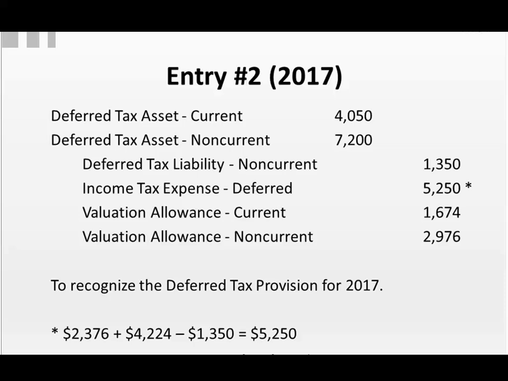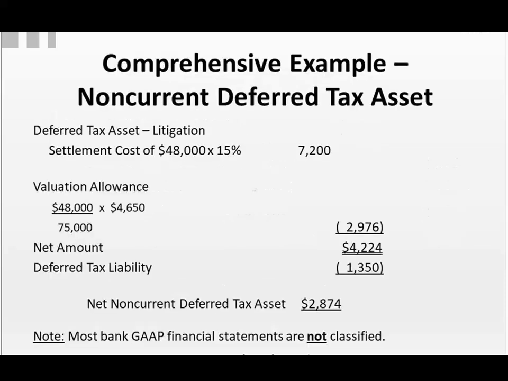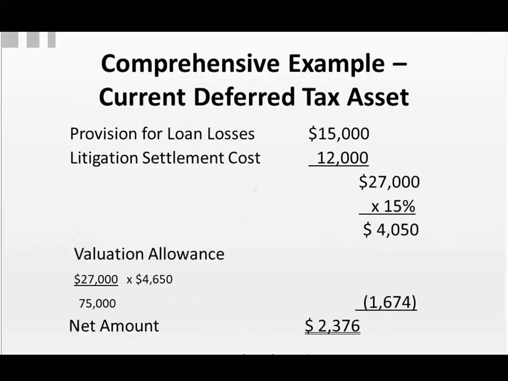But I don't like to plug things, so you'd say, well, where do you really get that? Well, that was the 2,376, the net amount for the current deferred tax asset. See it? 2,376 deferred tax asset current.